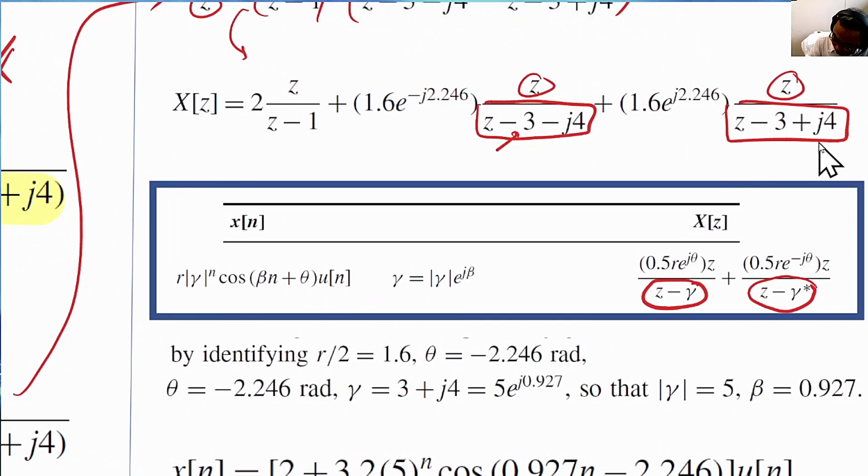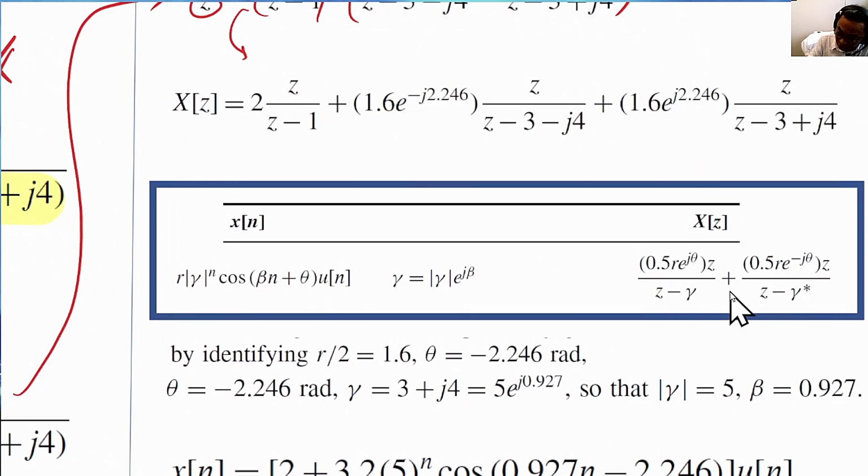So what's happening is z equals 3 plus j4, and here z equals 3 minus j4. So one is the complex conjugate of the other. So this is z star, and this z one is the pole position. This is 3 minus j4, its complex conjugate. So this is what we're talking about. What about the numerator?